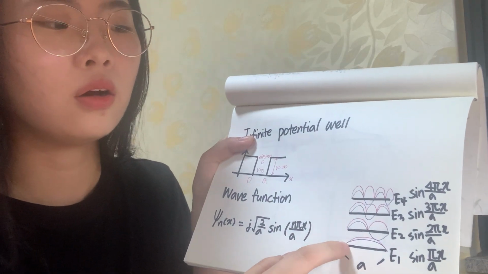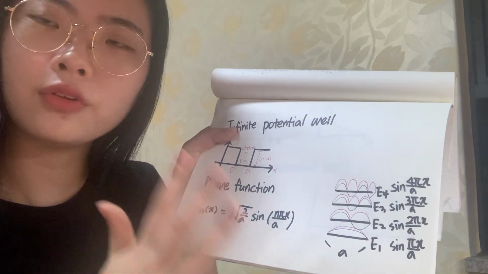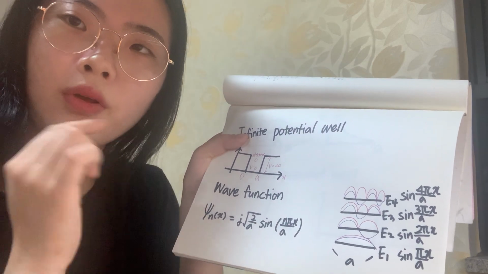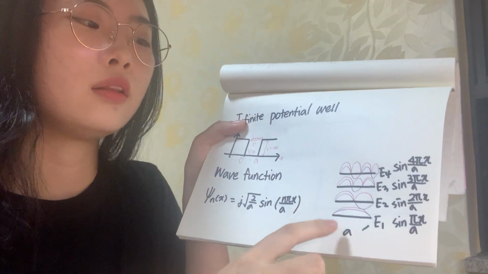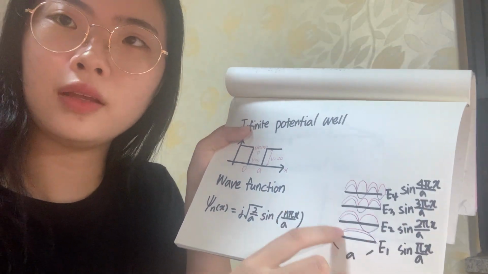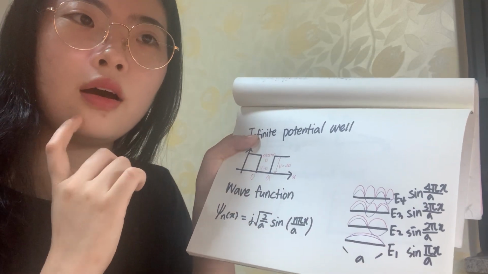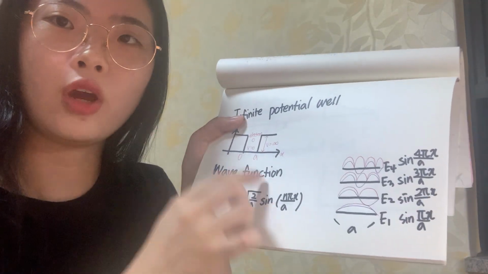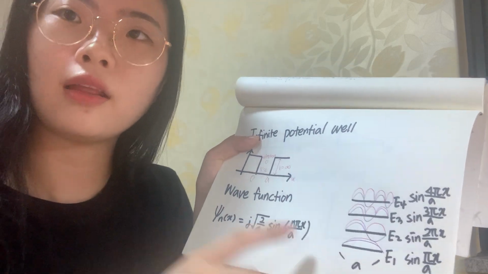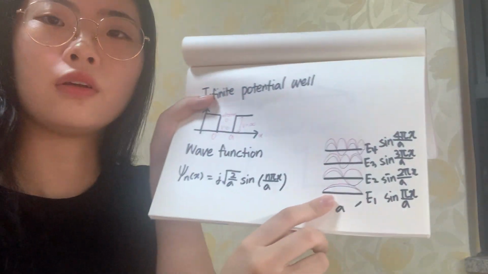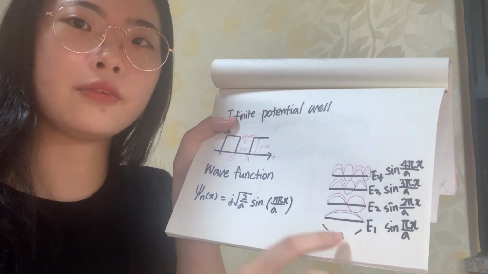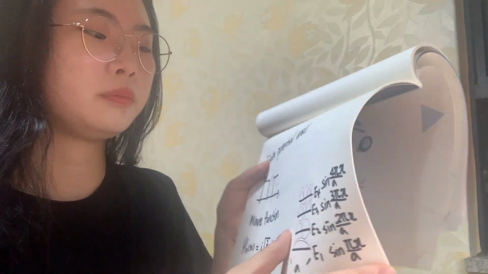Then this blue line means the original graph when we put some number in n, but this red line graph means the absolute value of these equations, so it means the intensity of the wave. So we can draw a graph like this.